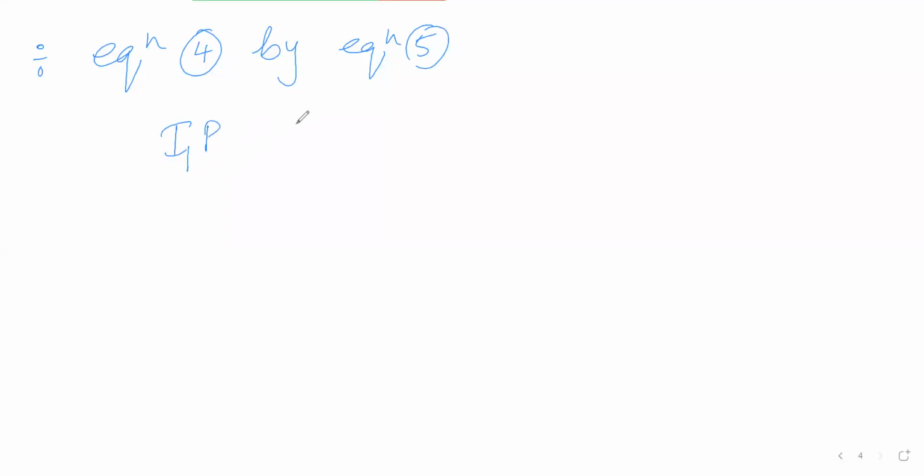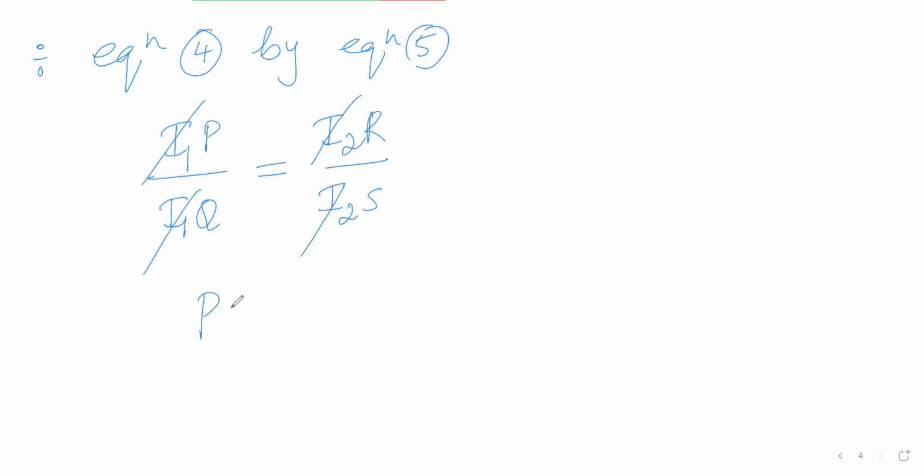I1P divided by I1Q equals I2R divided by I2S. So I1 will get cancelled, I2 will get cancelled. So finally we are left with P by Q equals R by S.